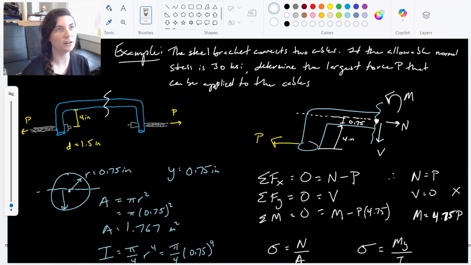Now we don't necessarily know which way it will break, whether it'll break from the axial load being too much and eventually necking down and breaking that way, or if it will bend from the bending moment and fail that way. That we can't tell just from this calculation.